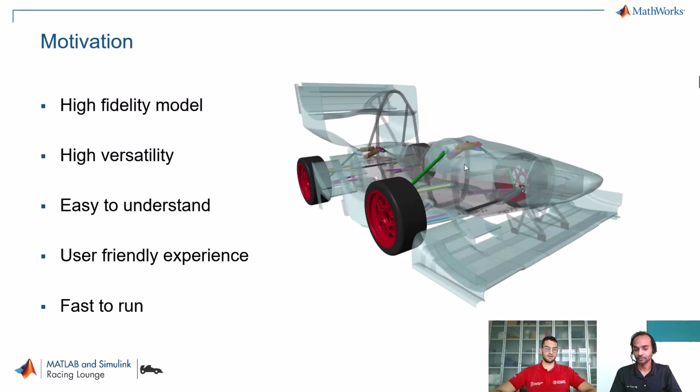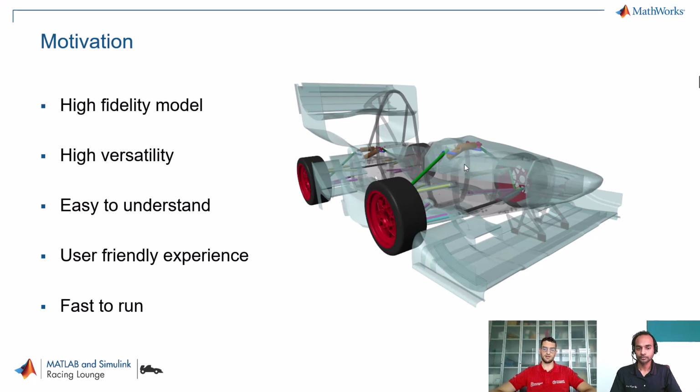Yeah. We previously developed a single track and a double track model, but to further enhance the model fidelity and the model complexity, we switched to a full car multi-body model. The advantages of the multi-body model are actually a high level of fidelity.